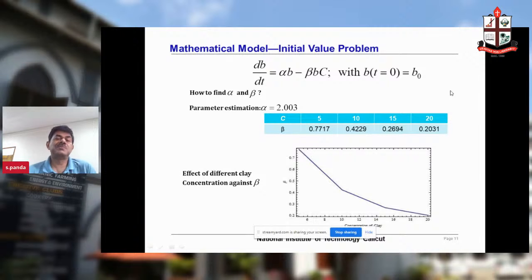So beta has to be small in this case. This is one example. Now beta has to decay with the C. So this is a relation between the chemical agent and your mathematical parameters inside the model.